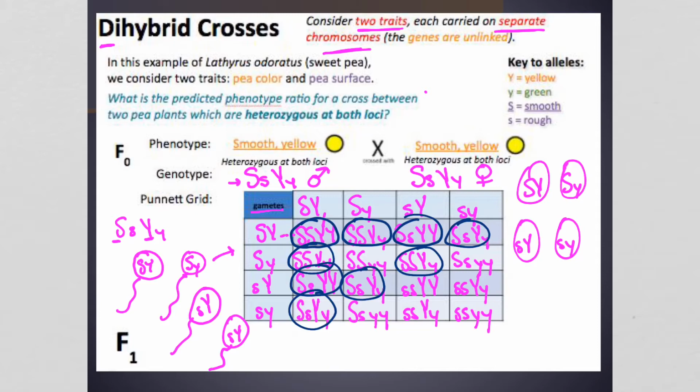Okay, so I've got 9 that are smooth and yellow. Now let's look for smooth and green.